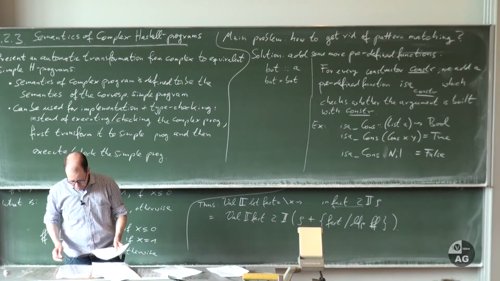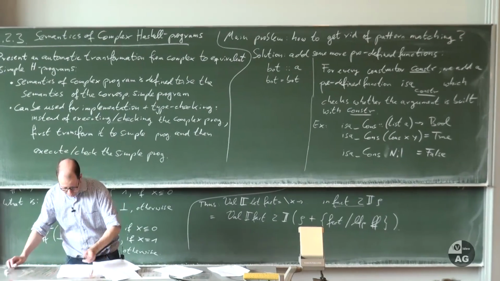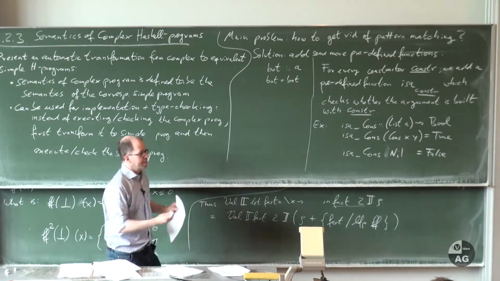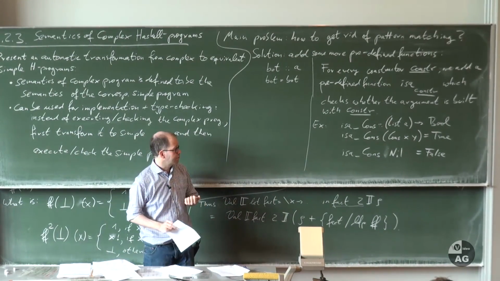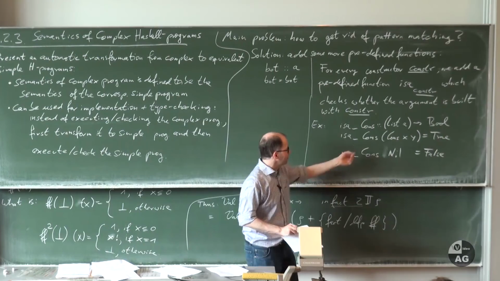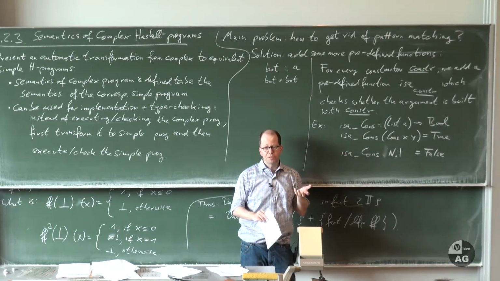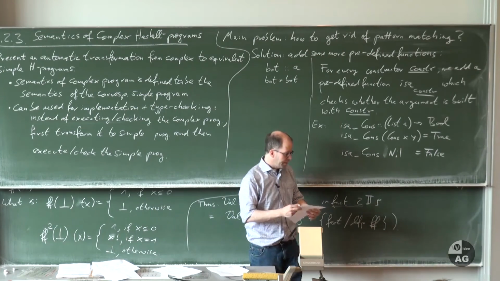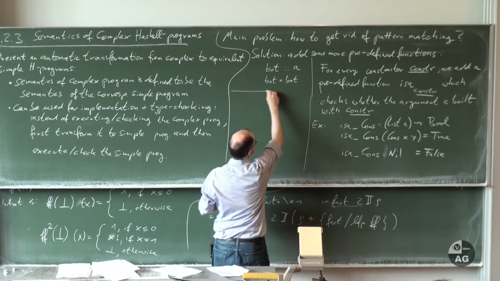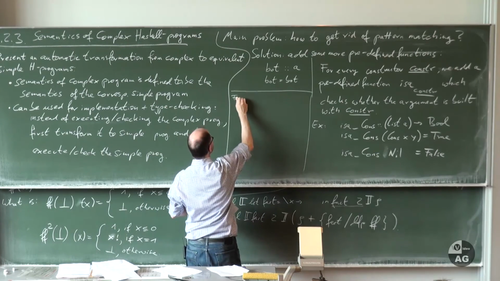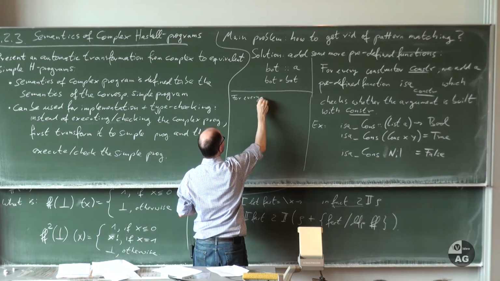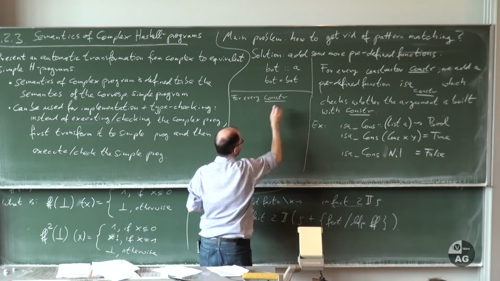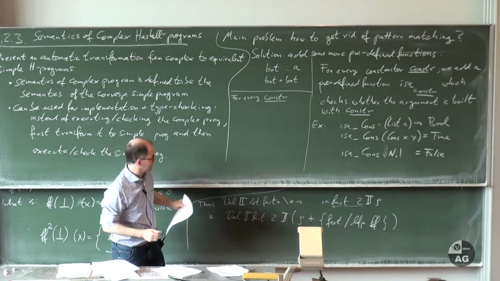And the other thing that pattern matching is good for is it extracts the arguments of a data constructor. So for example, if you know that your argument is built with cons, then it gives you the possibility to access the first element of cons or the second element of cons. So for every data constructor, we also need another function, argof, which gives me the arguments of this constructor.